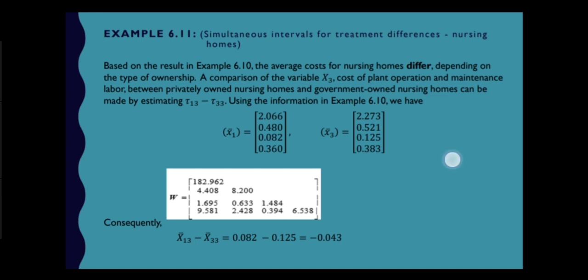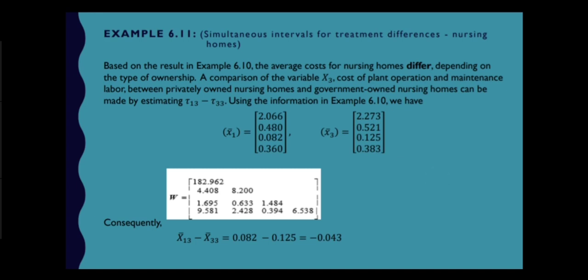And then the variables involved, we have 4 variables involved, X1, X2, X3, X4. X1 adalah cost of nursing labour, X2 adalah cost of dietary labour, X3 adalah plant operation labour, and X4 adalah housekeeping labour.